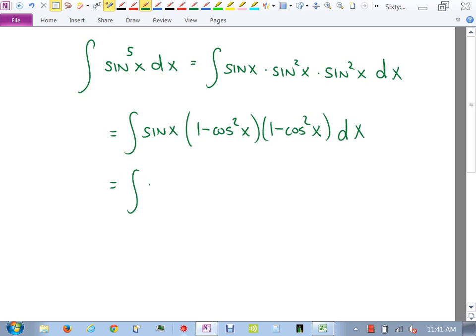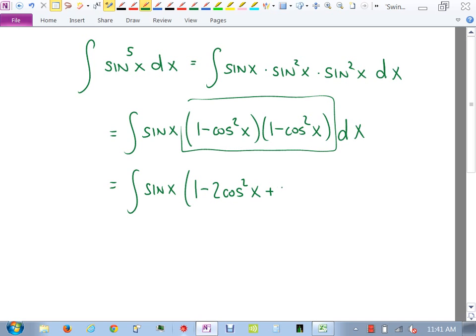Then I could just expand this out. That would be 1 minus 2 cosine squared x plus cosine to the 4th x dx. Right? At this point, you can do the problem. You can do your substitution right here.